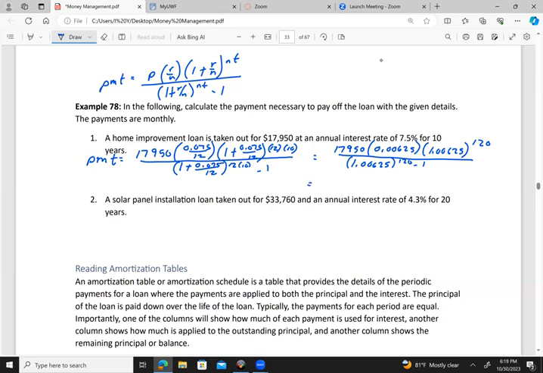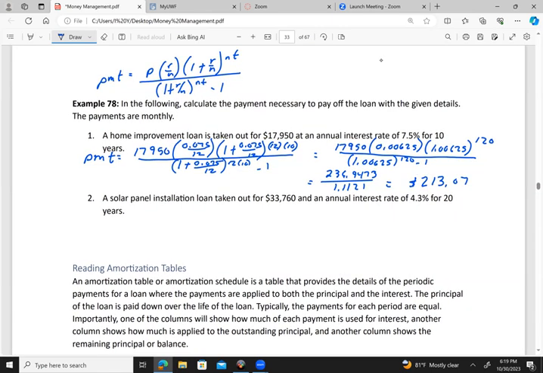Multiplying across the top, we get 236.9473 over 1.1121, which comes to $213.07. During calculations, I would try to keep at least 4 decimal places.